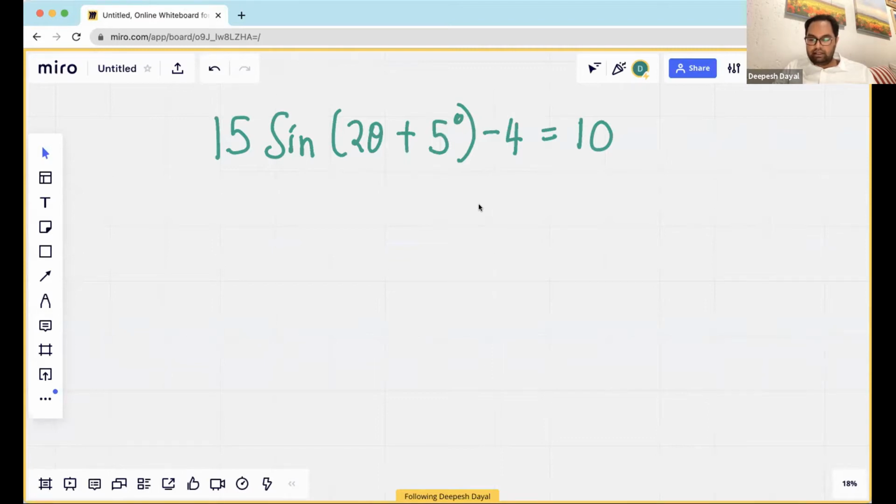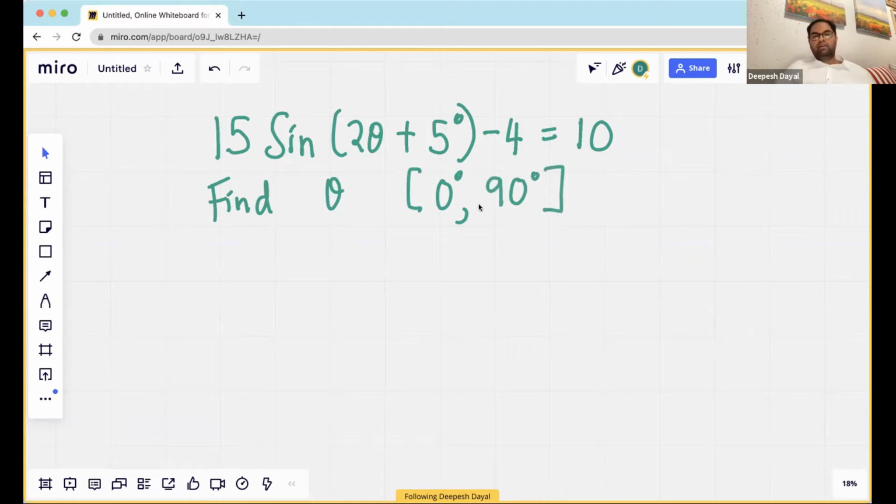Just write that down. And the question says find theta, where theta is between 0 degrees and 90 degrees. And you can type your answer in the chat and let me know once you get an answer.